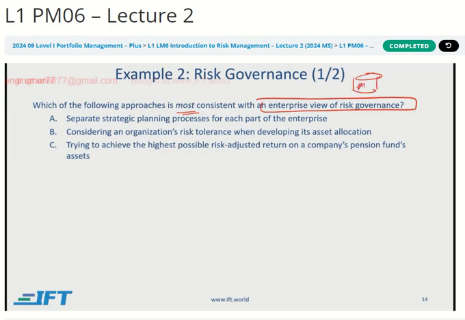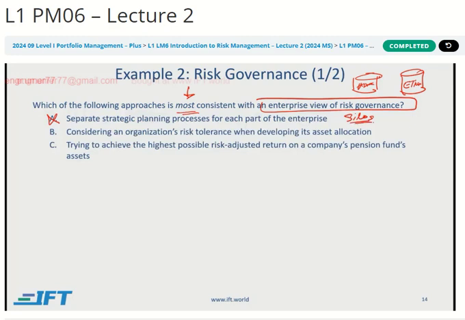So let's say I'll do ADNOC separately, and I'll do Etihad Airlines separately, which means I'm looking at the entire business in different silos, which is not good. What I have to do is look at it together. So separate strategic planning processes for each part of the enterprise, basically in silos: is this most consistent with the enterprise view of risk governance? Of course not. This is the exact opposite, it is being done in silos, and we don't want that.